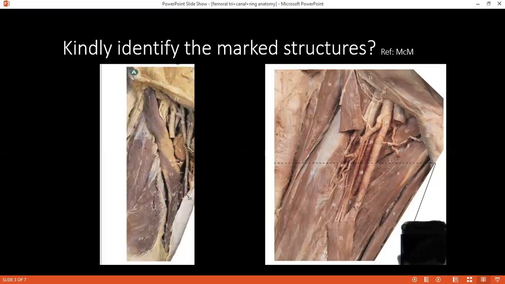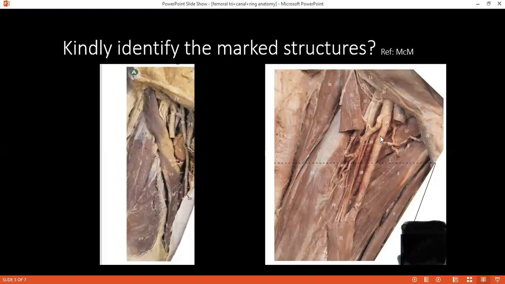The sartorius is inserted into the medial aspect of the tibia, along with gracilis and semitendinosus as the pes anserinus. What is the nerve supply of this muscle, and what is the mode of action? The sartorius is supplied by the femoral nerve. Okay. I don't remember it, I'll come back to this question later.